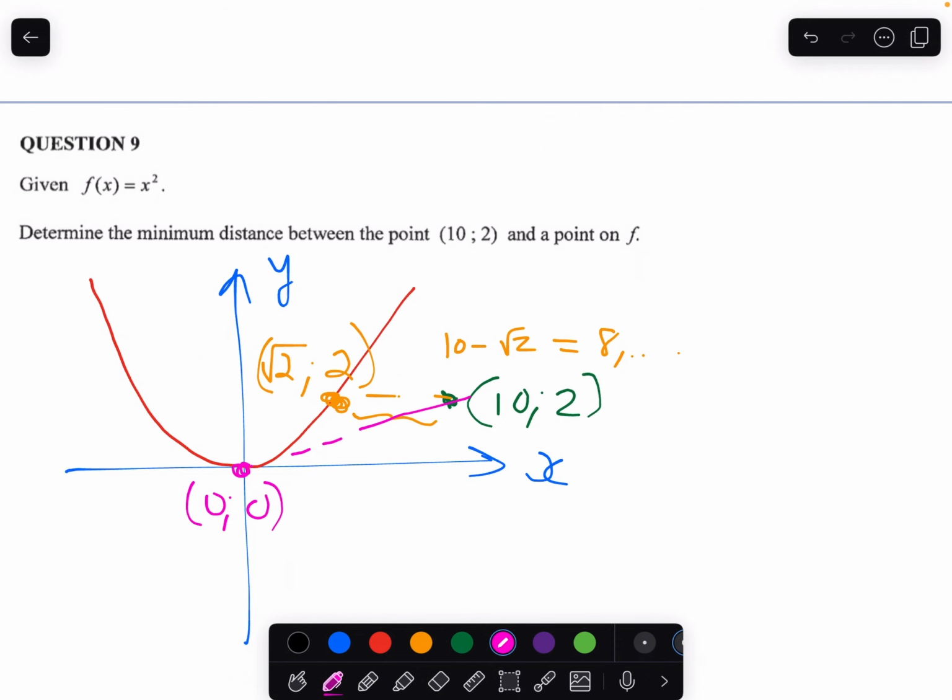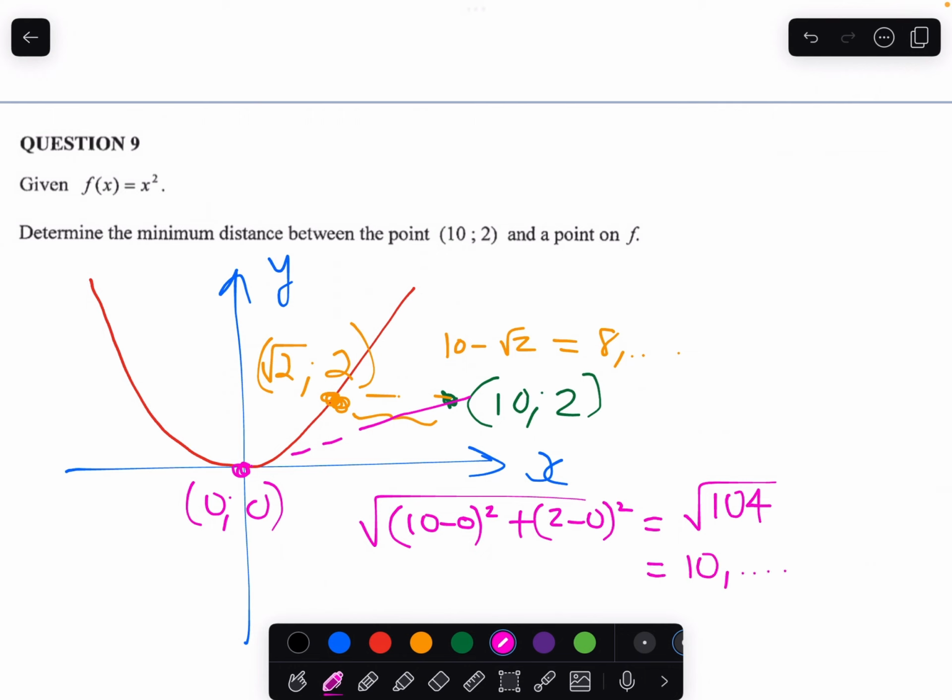So that distance would be the square root of 10 minus 0 squared plus 2 minus 0 squared, which would be 100 plus 4, so 104, and that's going to be 10 comma something. Okay, so that distance is longer than this distance, right? So we are trying to find which point will be the closest to 10, 2, right?